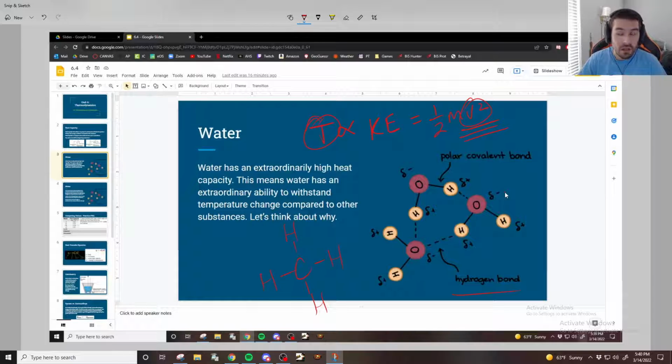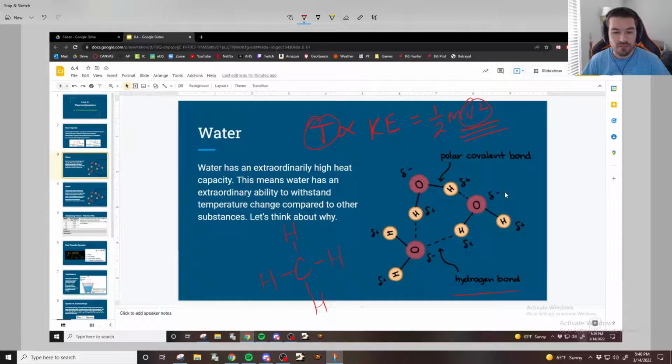Methane would have a low heat capacity, okay? Water has a high heat capacity. It's very strongly attracted to its neighbors. It's difficult. It takes a lot of energy to get those water molecules to change their velocity and to really increase in velocity. They like being with each other.